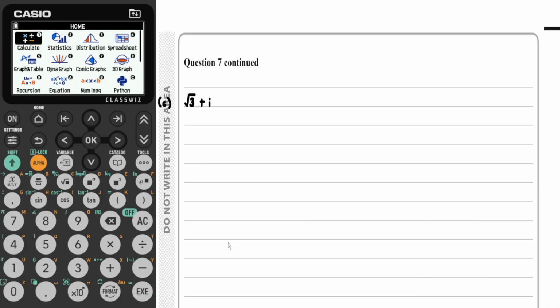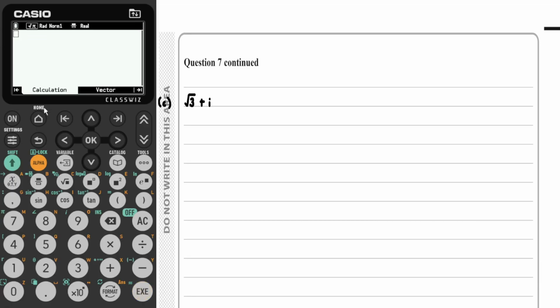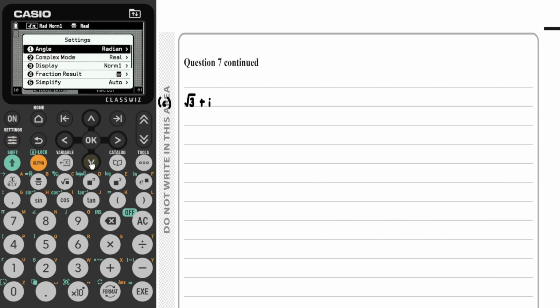We have this root 3 plus i, which we can write in mod arg form. If we go to the calculate submenu, let's change the complex mode to the third option, where we have r theta.